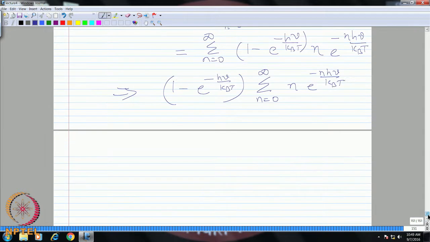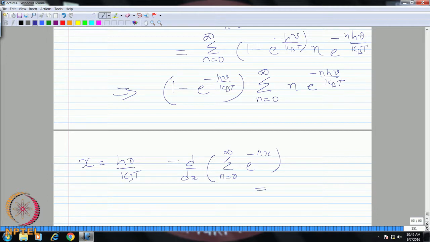If you are talking about minus d by dx of summation n equal to 0 to infinity e power minus n x, let us say, where x can be h nu by k b t.